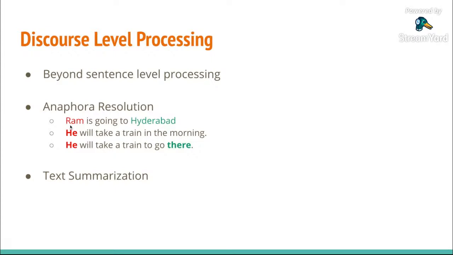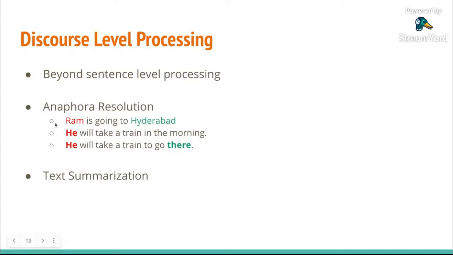For example, if you have a sentence like Ram is going to Hyderabad, and the next sentence is he will take a train in the morning. When we see the sentence, based on the previous sentence, we can identify that he means Ram, right? Similarly, take the sentence he will take a train to go there. If you look at the sentence in isolation, we don't know who he is and where he is going.